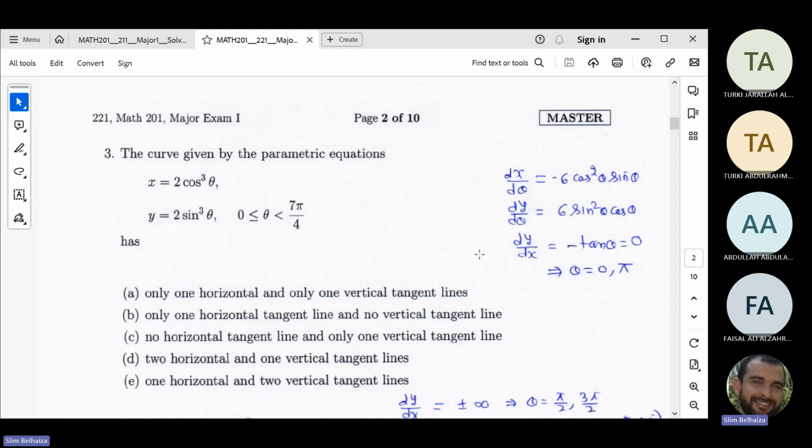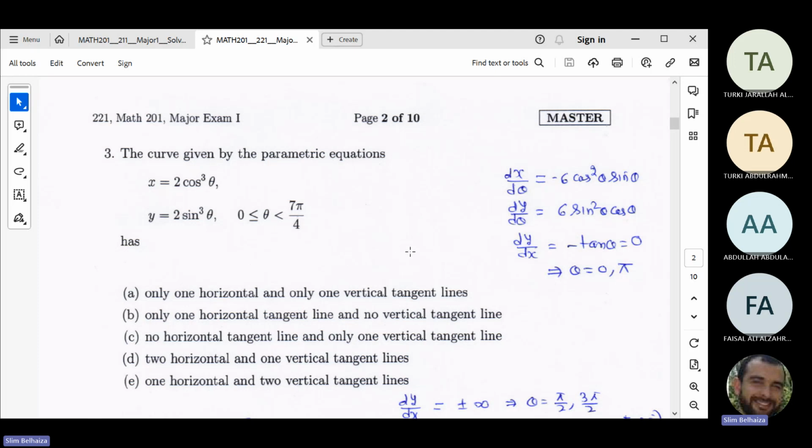So at theta equals pi, x is minus 2. Whatever happens, you have the same horizontal tangent, which has a slope of 0, which is y equals 0, basically. So you have one horizontal tangent.